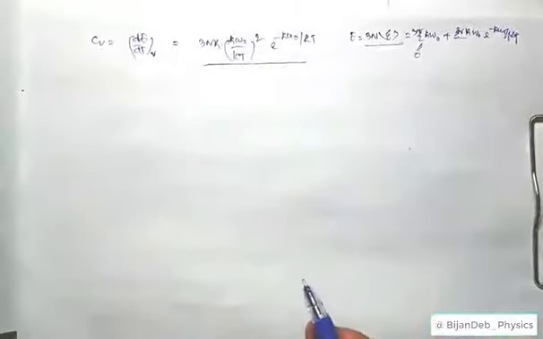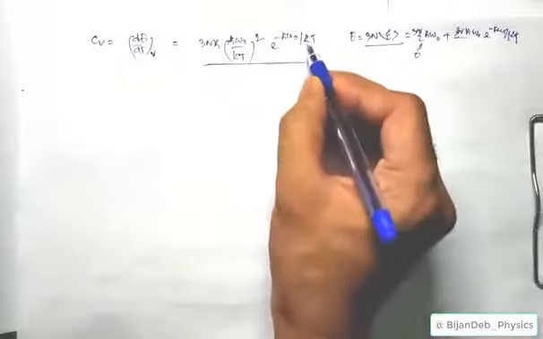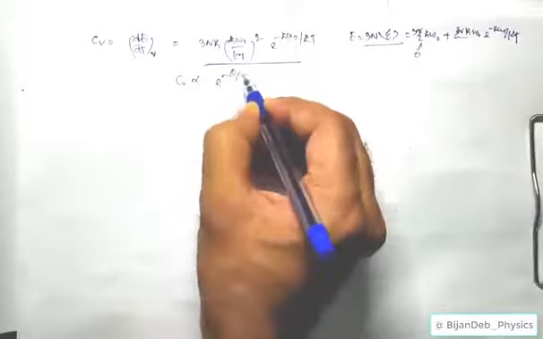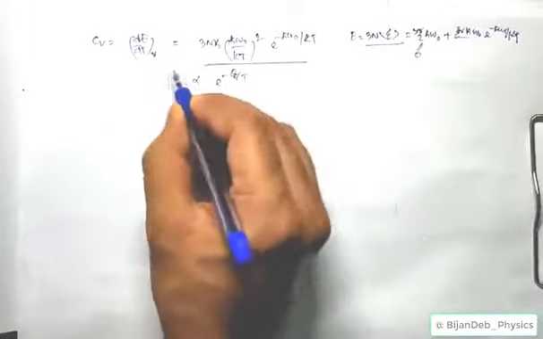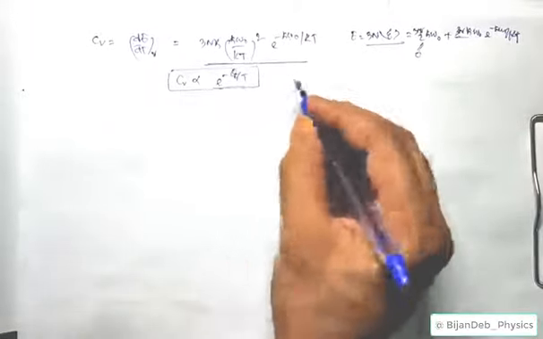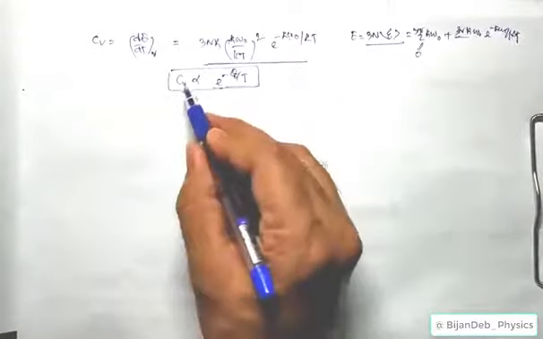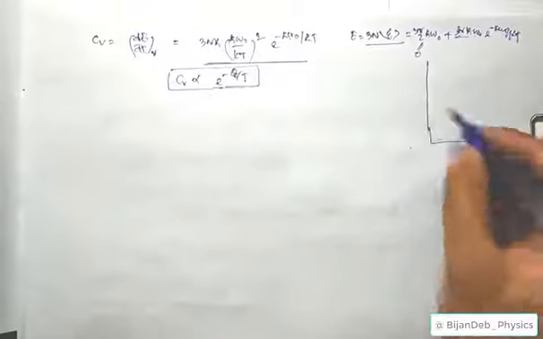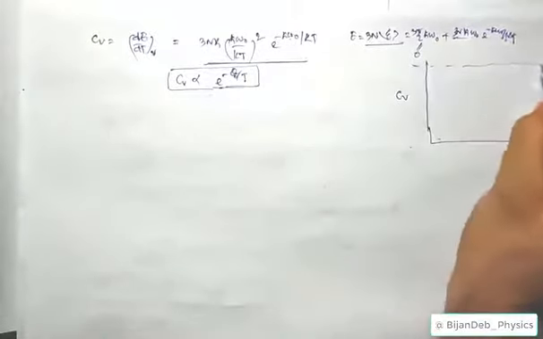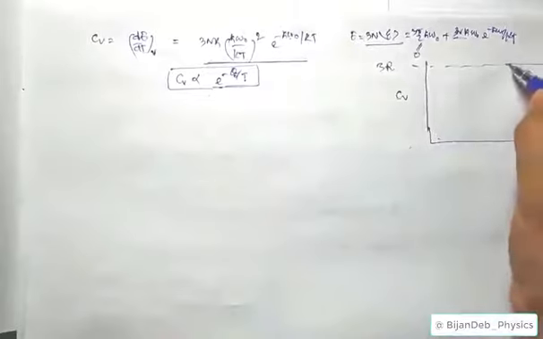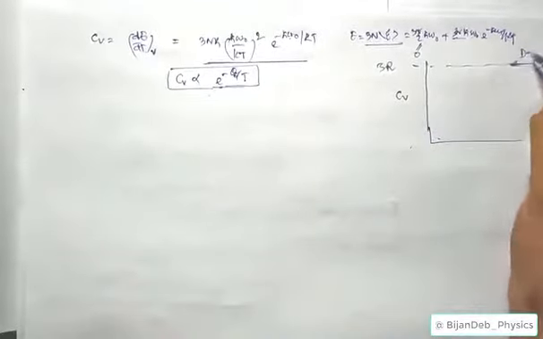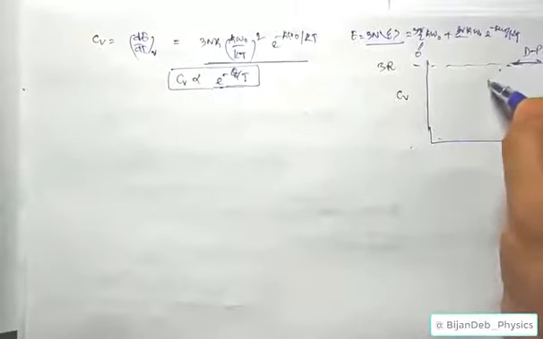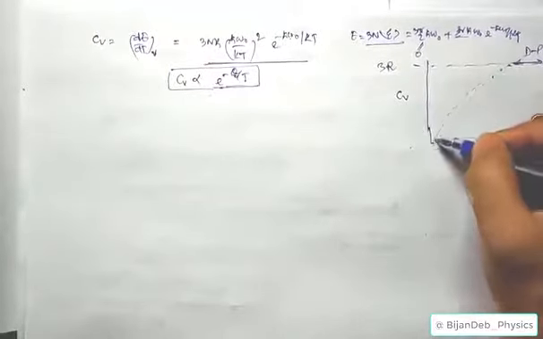So you see here the dominating factor, as theta is less than T, this exponential factor will be dominating. So we can say as temperature decreases, specific heat decreases exponentially. So how will the variation look? It can explain that at high temperature it agrees with Dulong-Petit law.